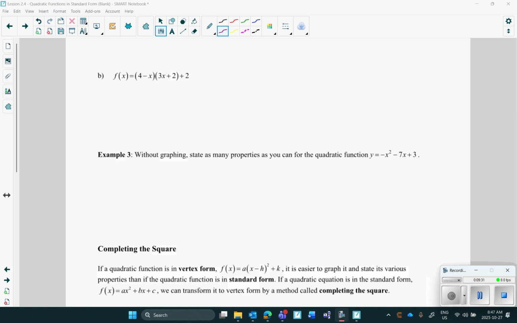So if we multiply these two by each other, we should get 12x plus 8 minus 3x squared minus 2x. And then there's still a plus 2.